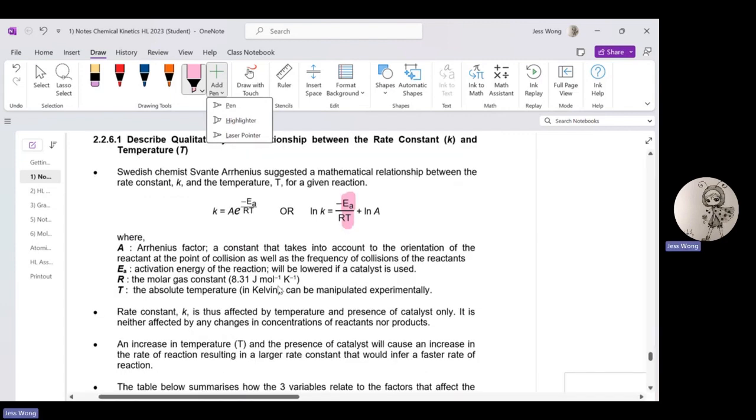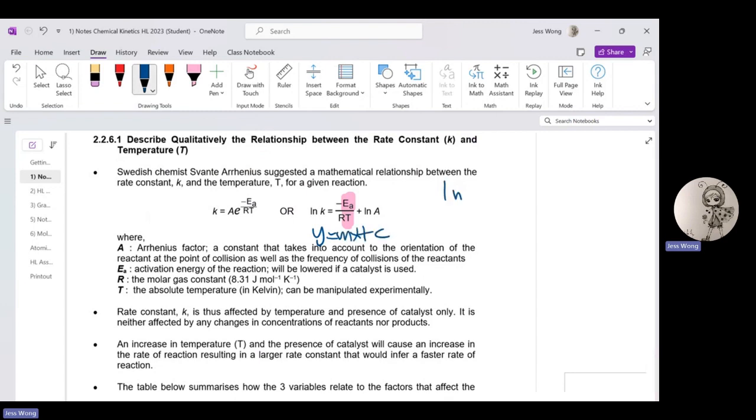Okay, so let's look at the Arrhenius formula here. If you take a ln throughout the whole equation, you will end up getting this equation here, which looks pretty much like y equals mx plus c.